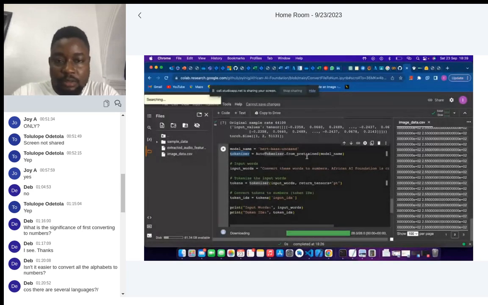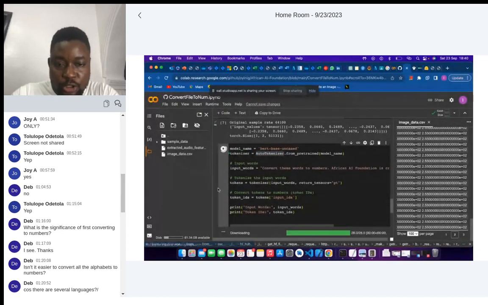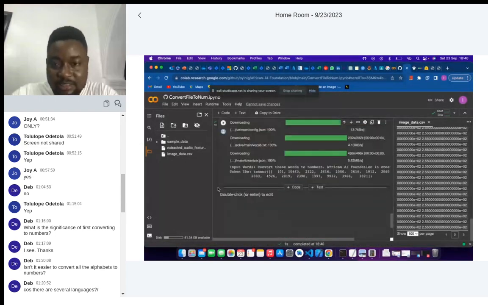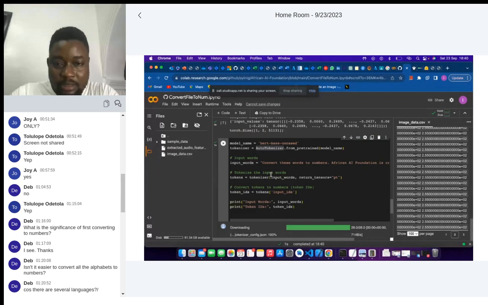That's why we imported the tokenizer from transformers. We pass the model name and then we pass the word, right? So it's going to convert these words to numbers for us. So this is the word.